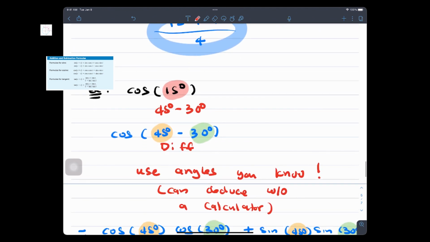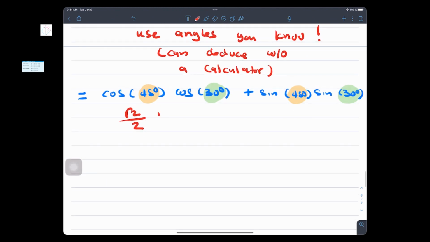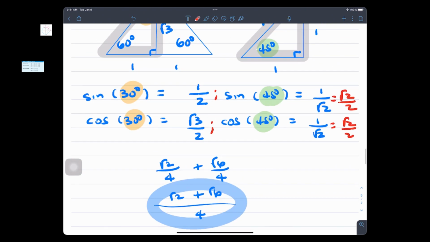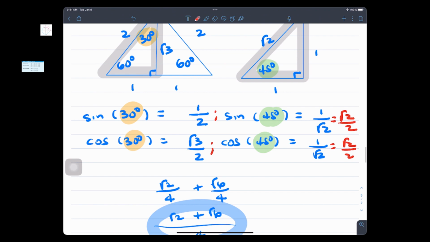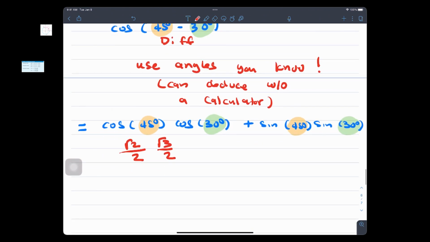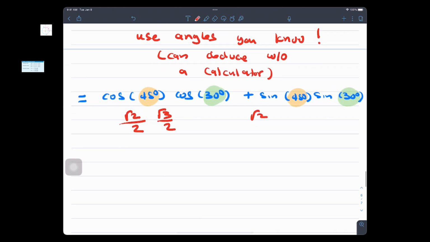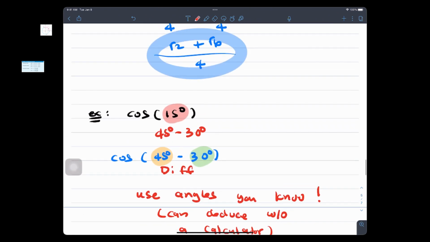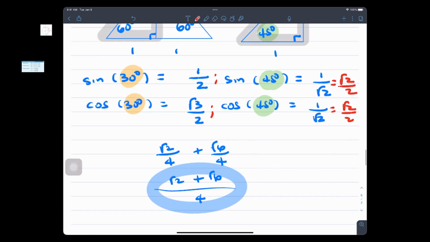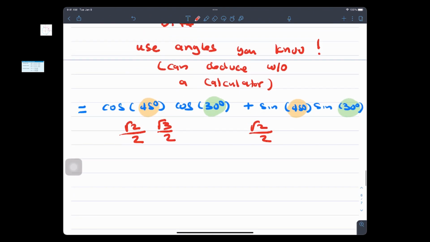You already have that. What's sine of 45? You have that one too. Square root of 2 over 2. So you guys want to use those things. And what's sine of 30 degrees, ladies and gentlemen? 1/2. And then there was plus.